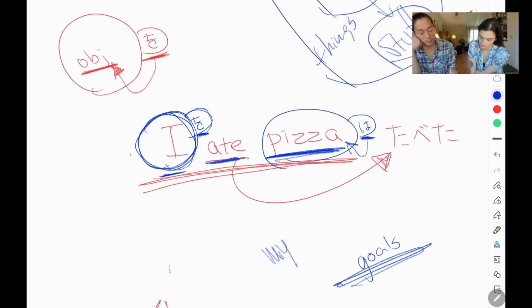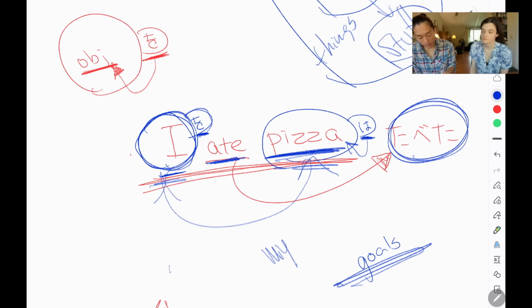So like you said, pizza ate me. Good, right? So with this, you can tell that word order really doesn't matter, right? We can shuffle word order again as long as the verb is at the end and the correct particle sticks with each noun.